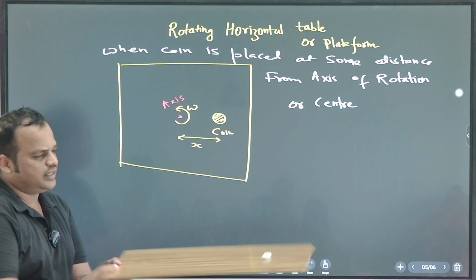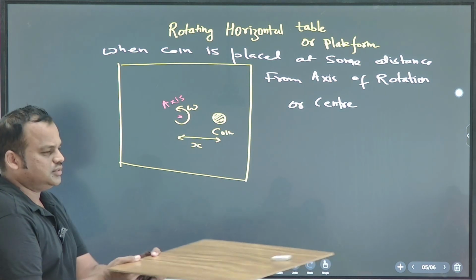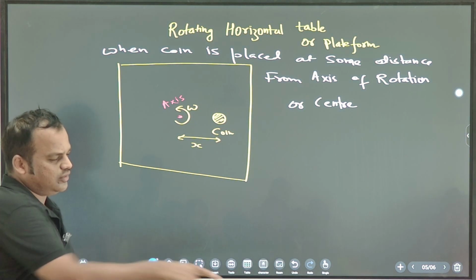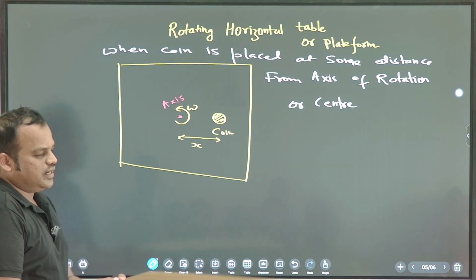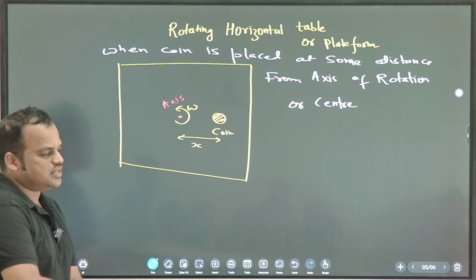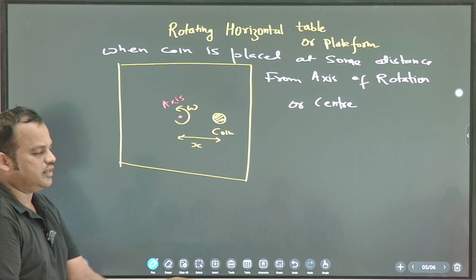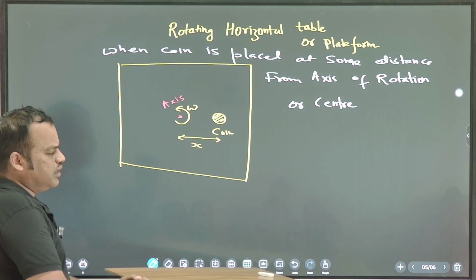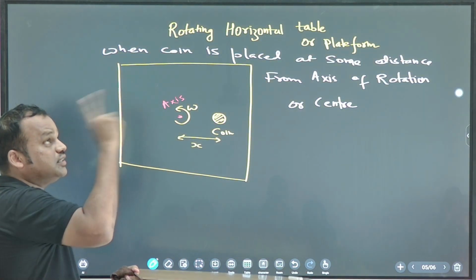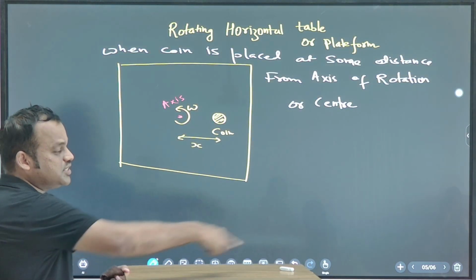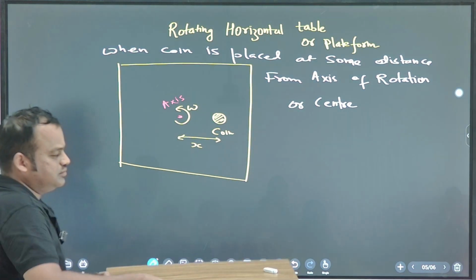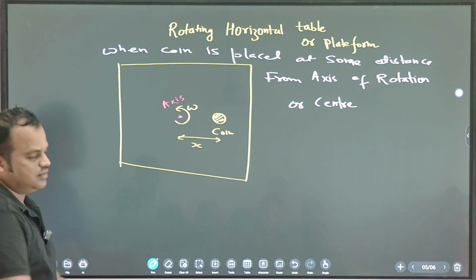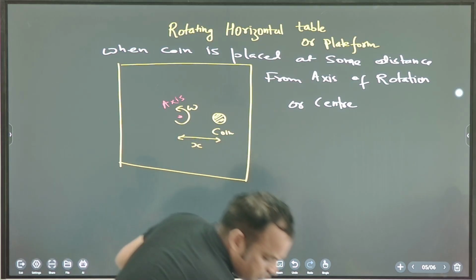No. Now if omega is less, not sliding. Now I am increasing omega. Omega means rotation speed. With more speed it will slide. You observe it will slide here. Correct? So why is it sliding?